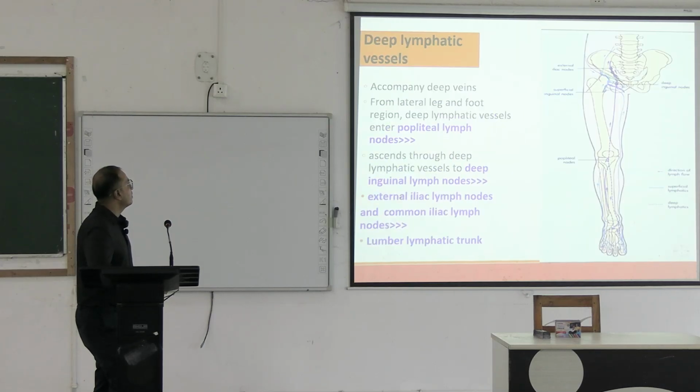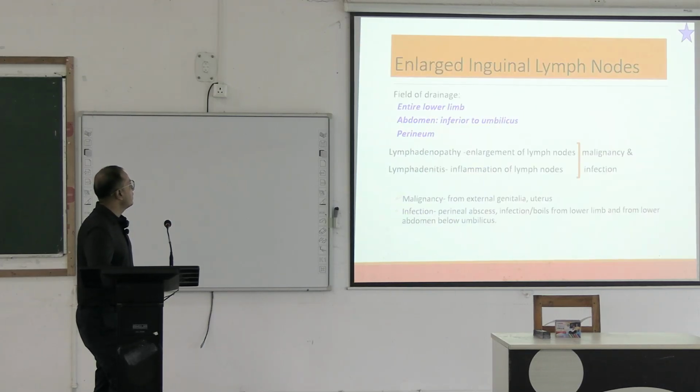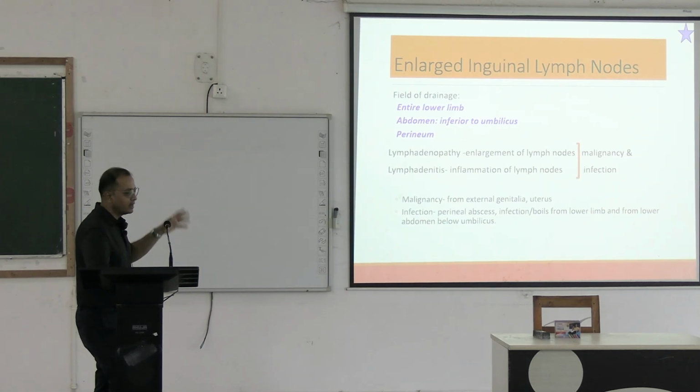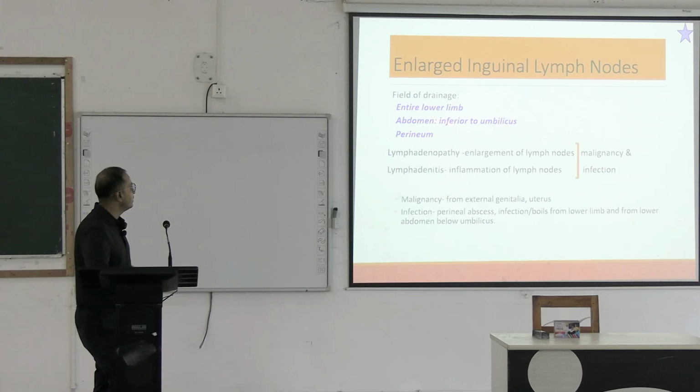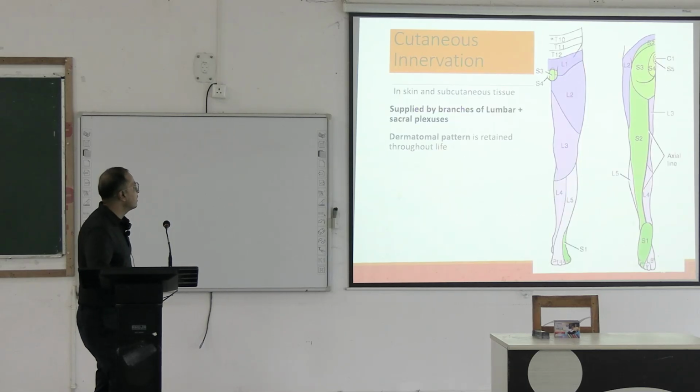This lymphatic drainage can be enlarged in case of diseases of these draining areas, like the anterior abdominal wall, glute region, perineum, external genitalia or the leg region, infections, malignancy, etc. So we call it an enlarged inguinal lymph node.